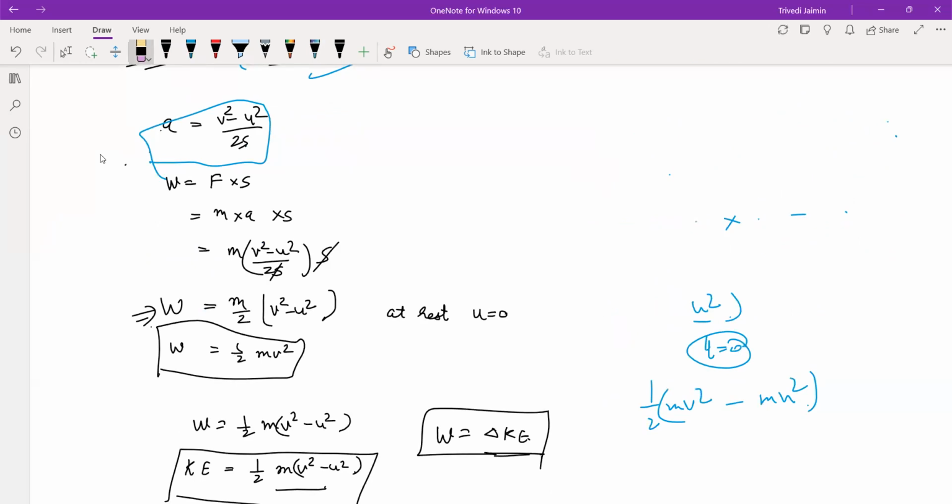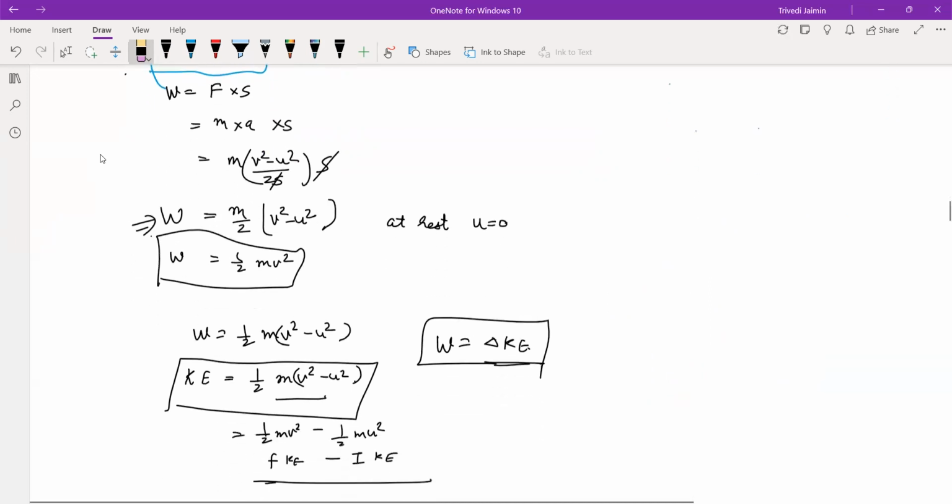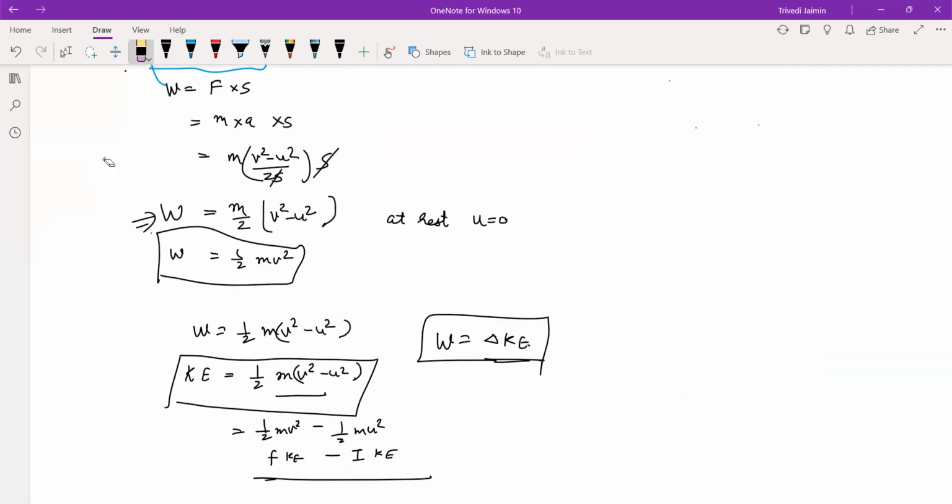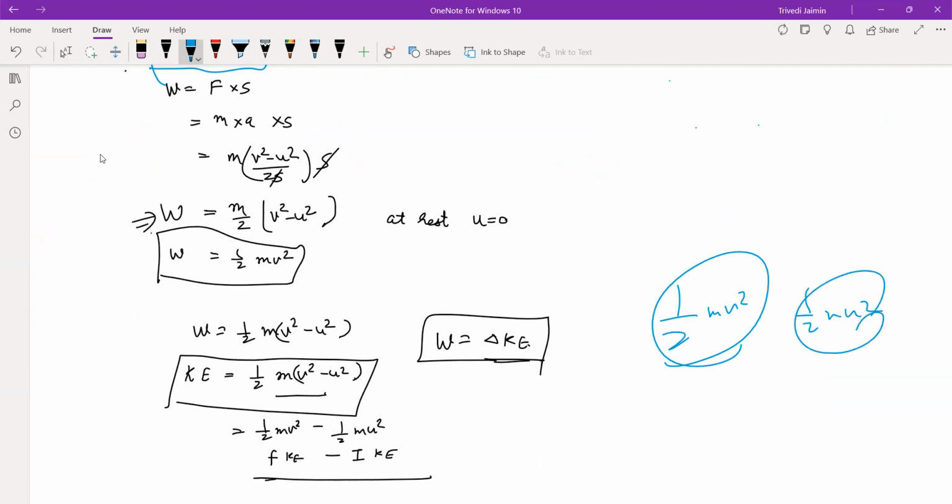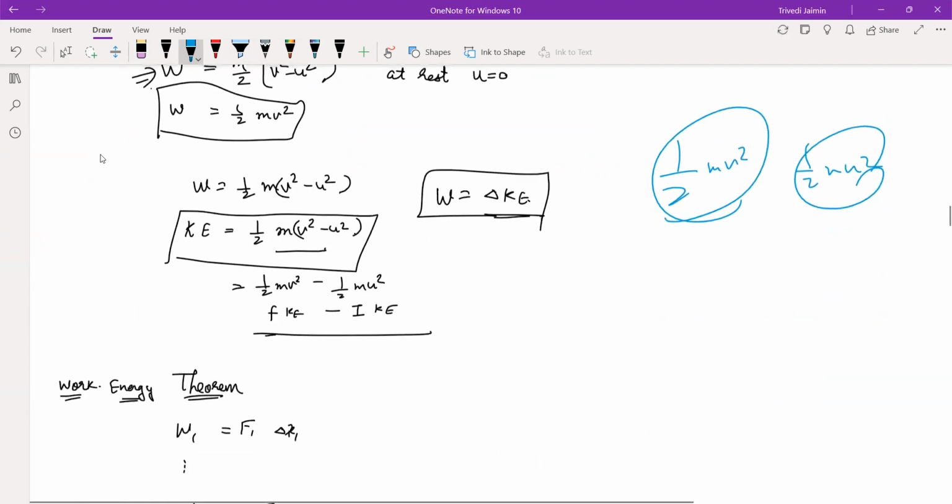So that is the change in kinetic energy. Half mv square gives you the final kinetic energy, and half mu square gives you the initial kinetic energy. That is the work energy theorem.